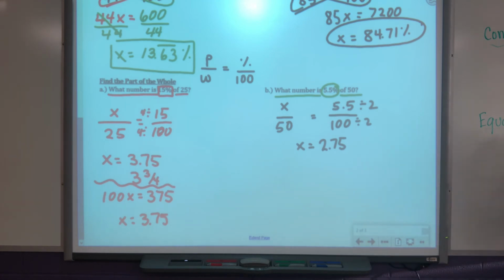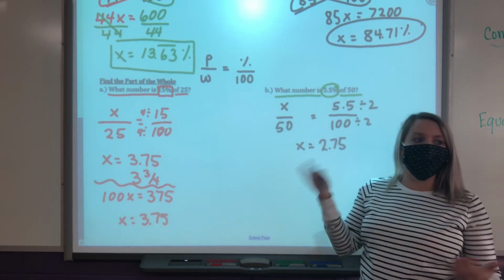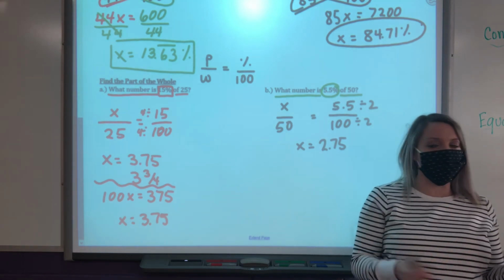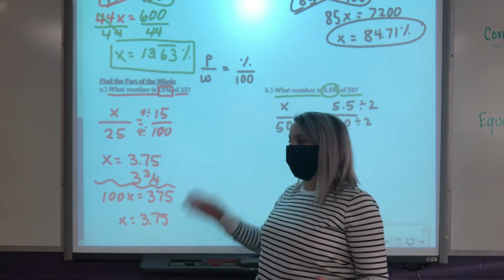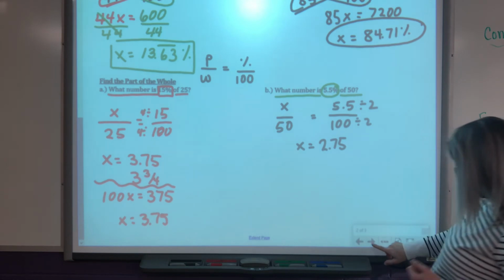So that's what I want you to think about. Does my answer make sense? Not only am I able to solve the problem, but do I have that number sense to understand whether my answer makes sense?